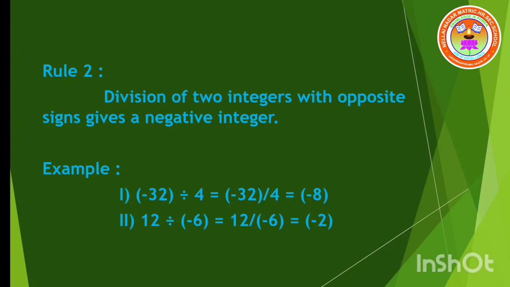So my final answer will have a negative symbol, so I'll put my negative symbol first. Now 12 divided by 6, that means in the 6 tables how many times will 12 come? 2 times. 6 twos are 12. So the answer is 2, and because of the unlike signs, your answer will have minus with that. So 12 divided by minus 6 is equal to minus 2.